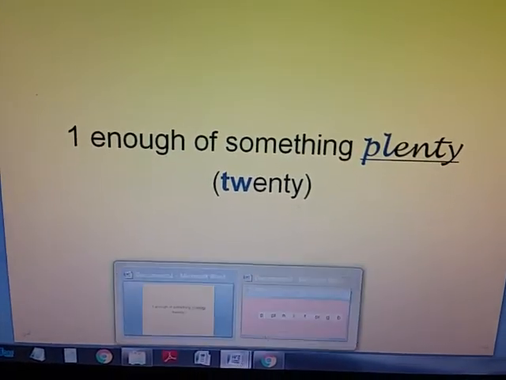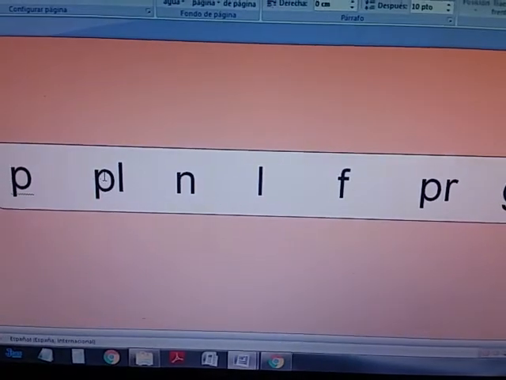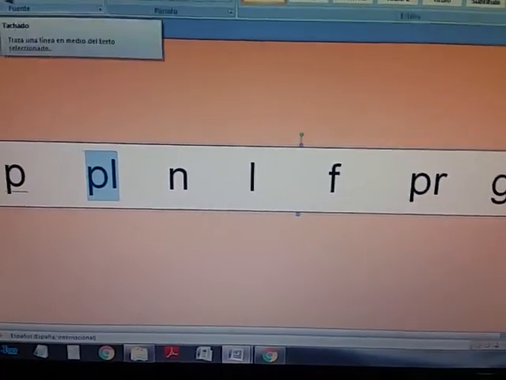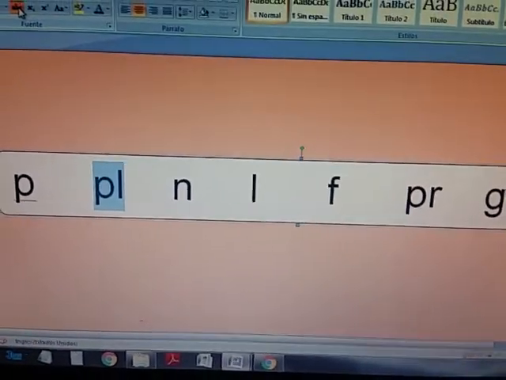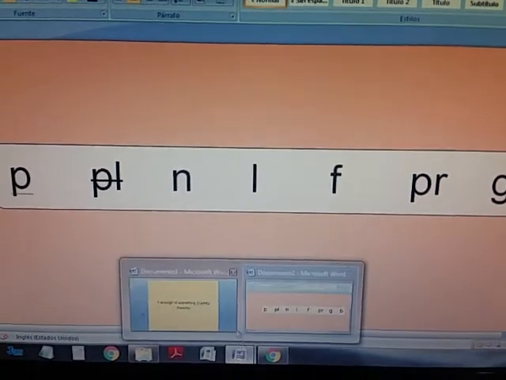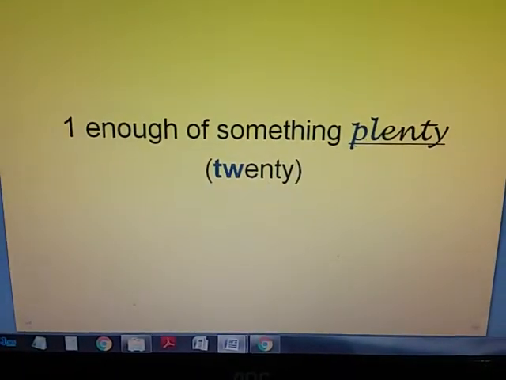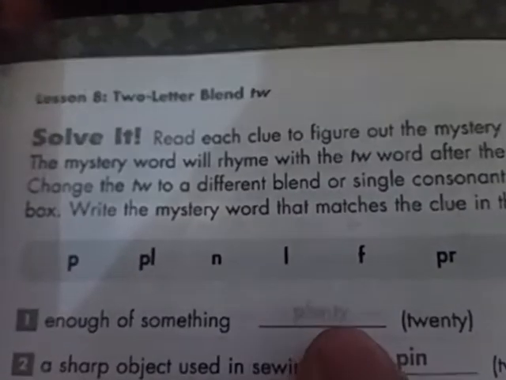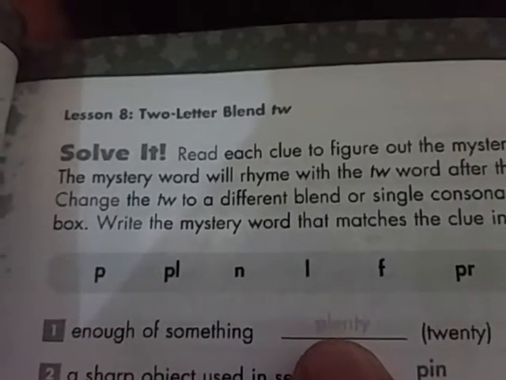And I also want you to go over the bank and cross out the sets we use. I'm gonna cross out this set of consonants, and I'm done with that now. So number 1, the answer is plenty. Write it right in the line over here. Plenty, instead of 20.